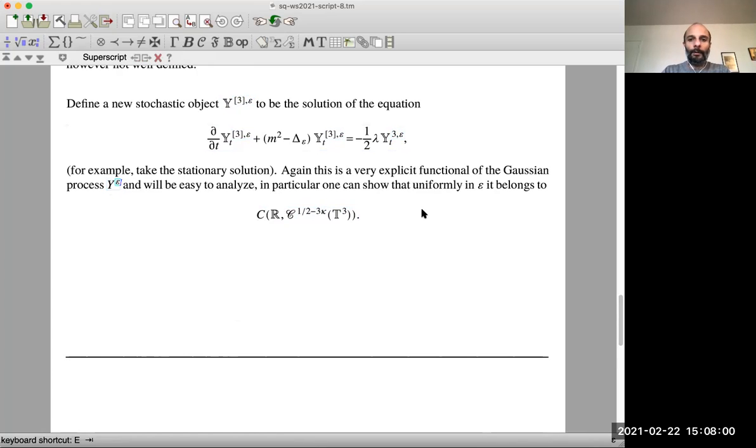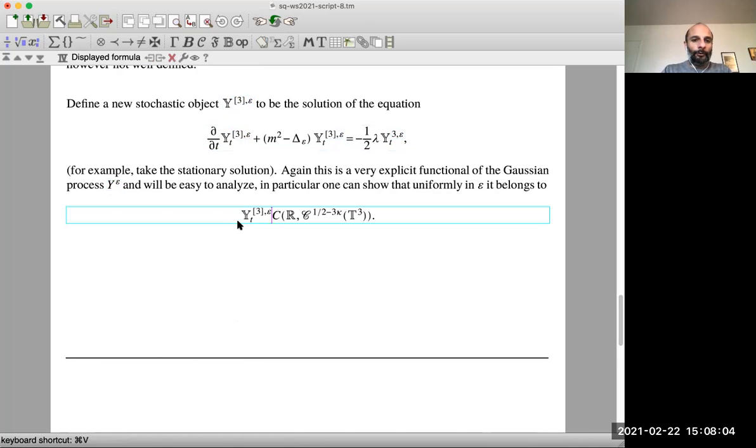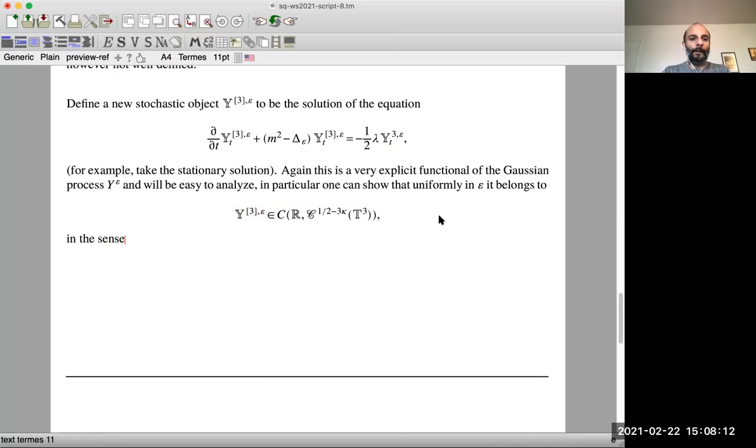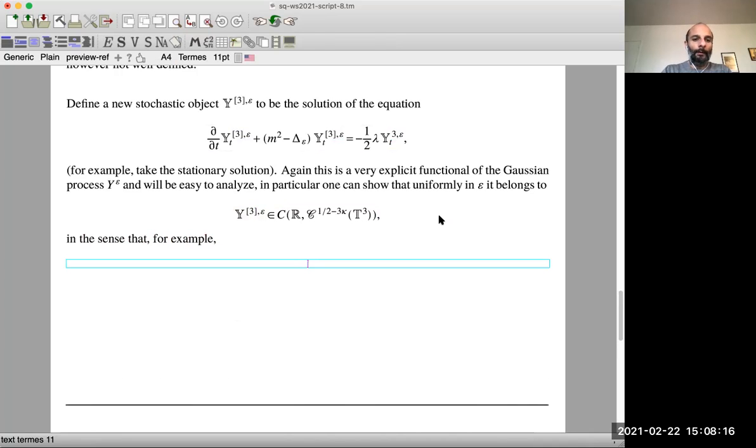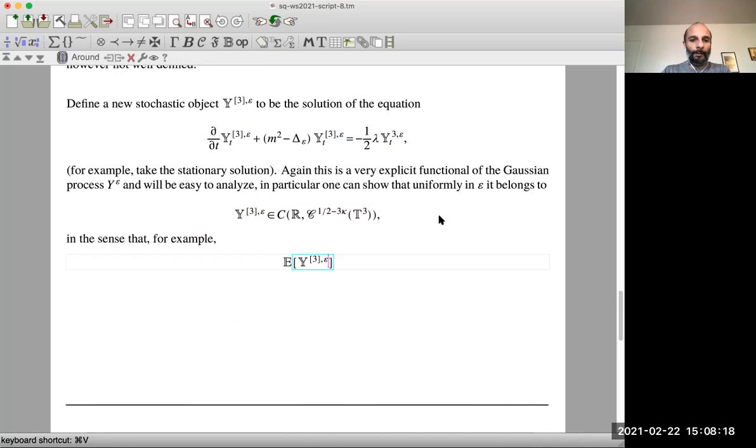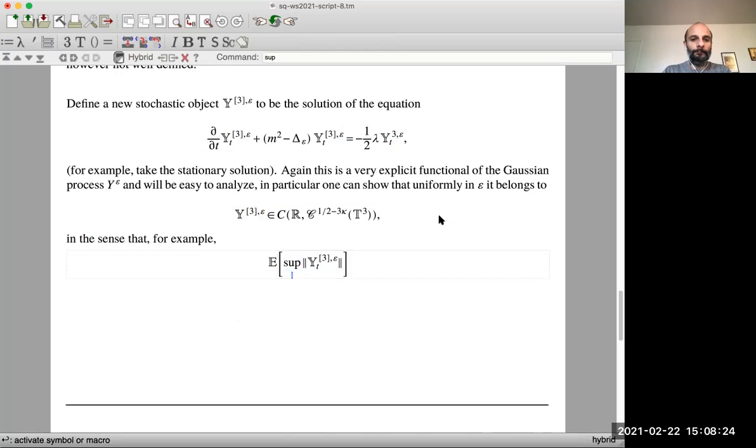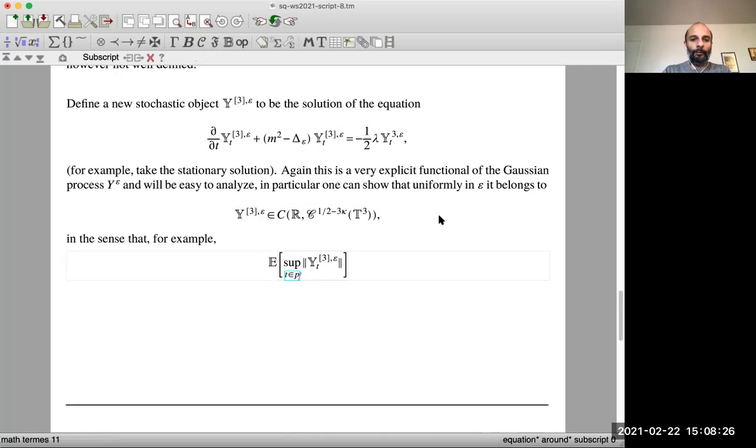So, and one will show that this belongs to this space uniformly in epsilon, in the sense that the norm, for example, when I take the expectation of the norm in a bounded time, you do something like this.